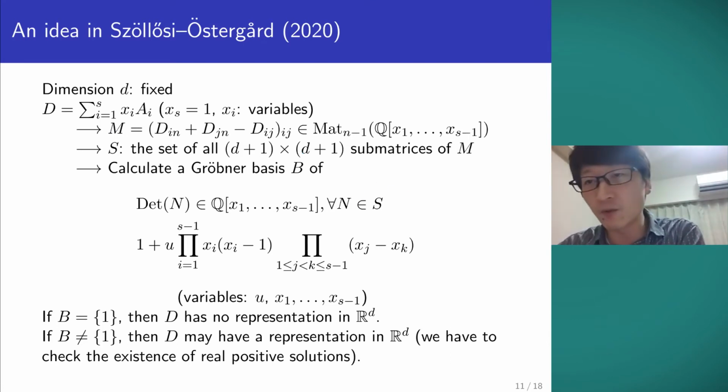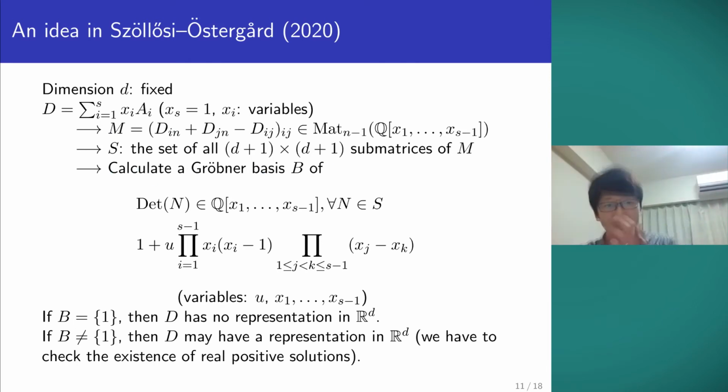And we have to check the rank and positive semi-definiteness. So if M is the Gram matrix in d-dimensional Euclidean space, then all (d+1) by (d+1) submatrices of M have rank at most d.